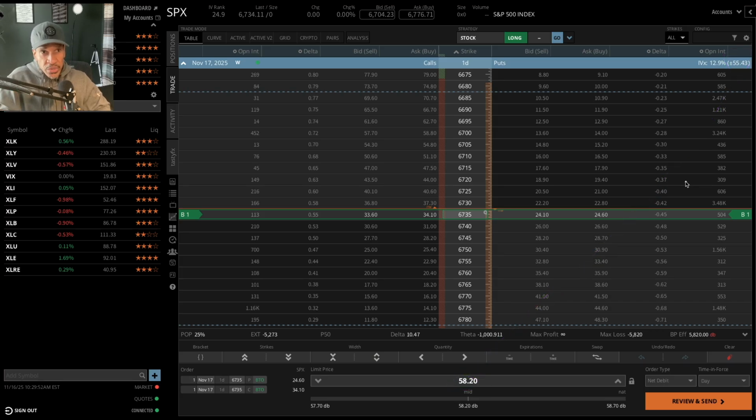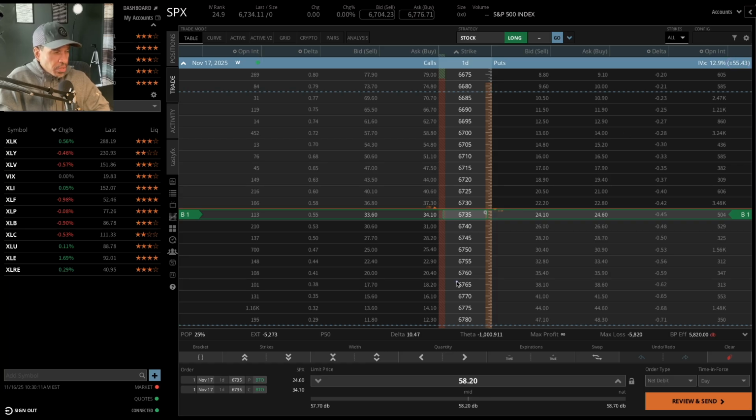Because there are news items that can be released that can impact the cost of the straddle, and that happens very frequently. And this cost of the straddle will be significantly different than the expected move from the platform.